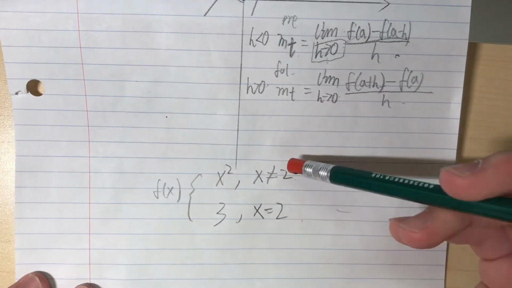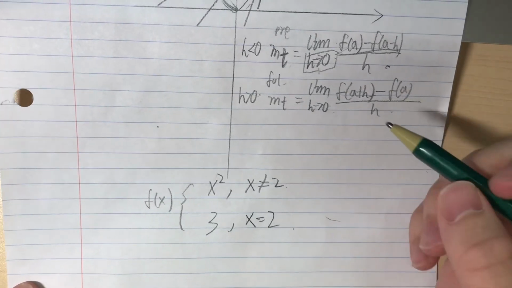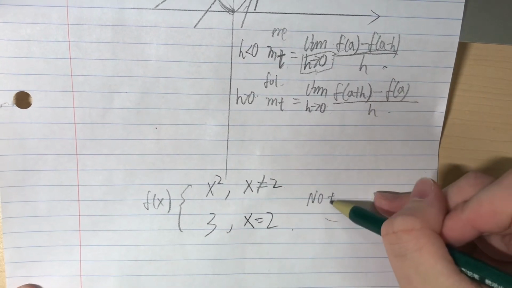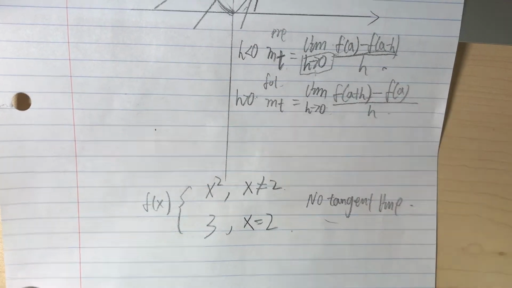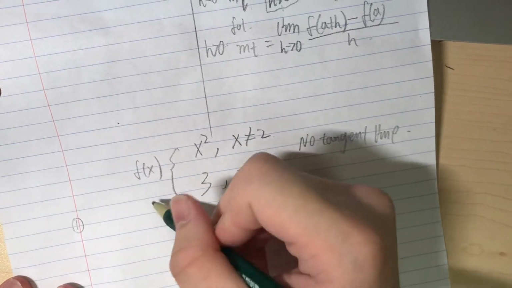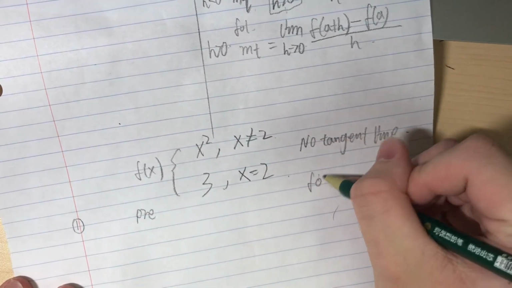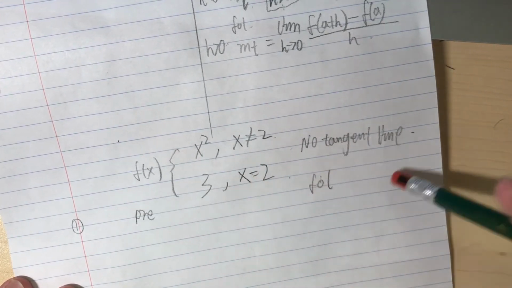And now I will describe why this function has no tangent line. First I will use the preceding and following interval formulas to calculate the ARC.